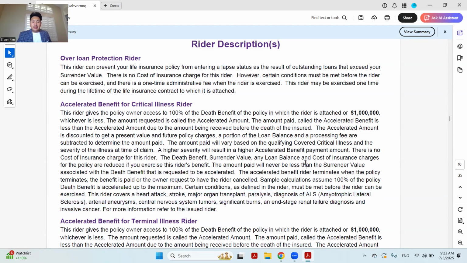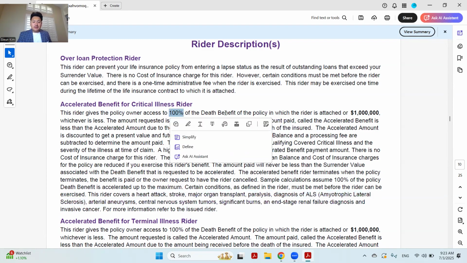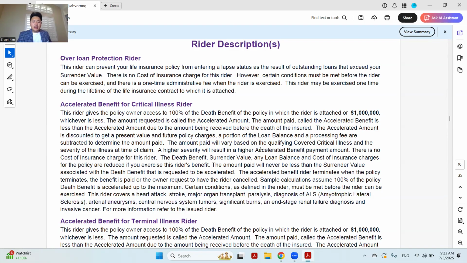So if you take a look at it, the client can access up to 100% of the death benefit. So let's just say the heart attack was pretty serious and the client got $700,000 on a $1 million policy.